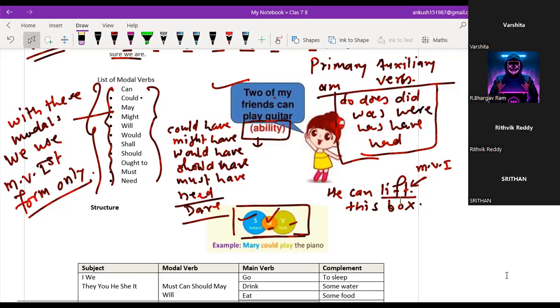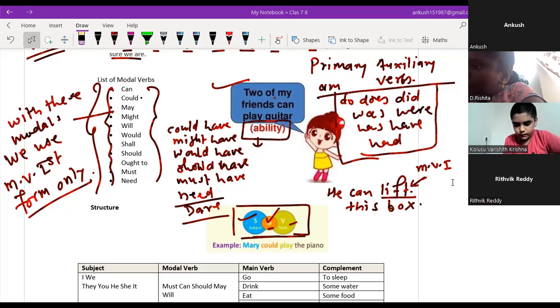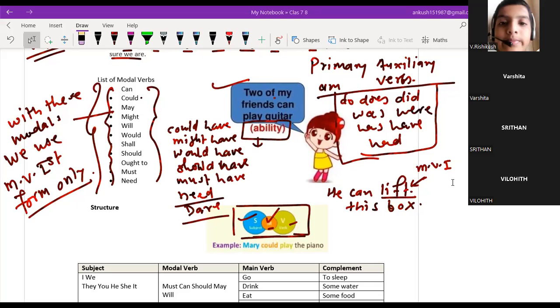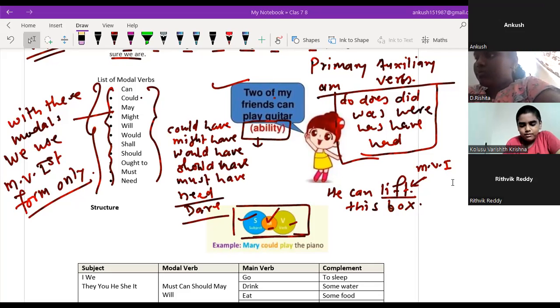Is Shritan there? Ritvik, Reddy, Bhargav? Yes, sir, I'm there. Varshita? Yes, sir, I'm here. I just wanted to know if you are there or not.